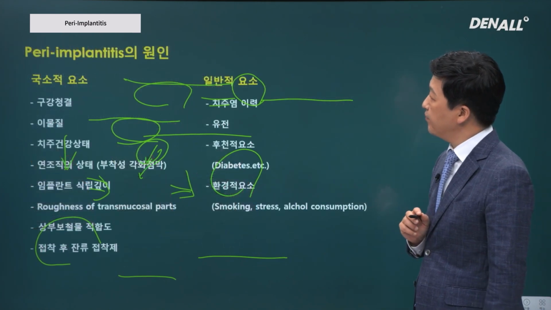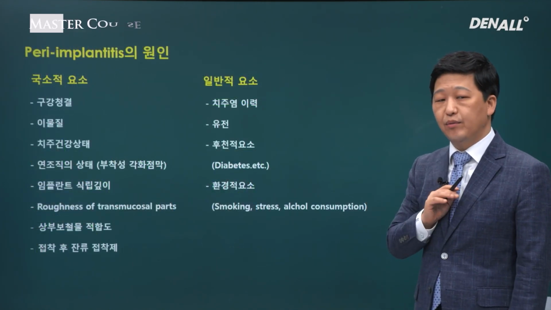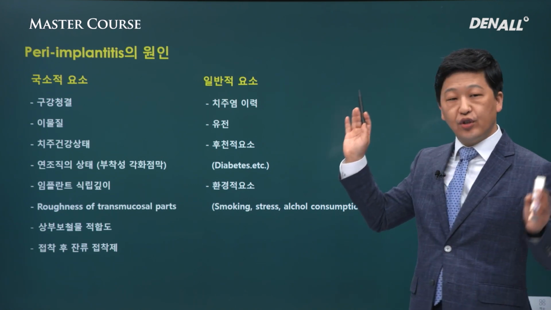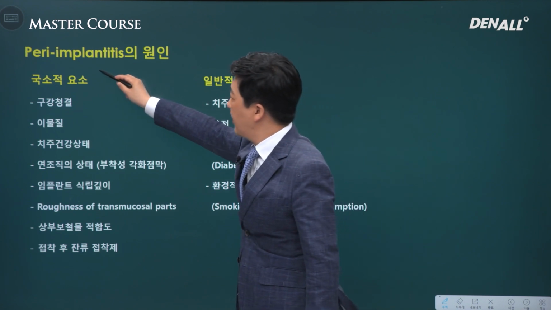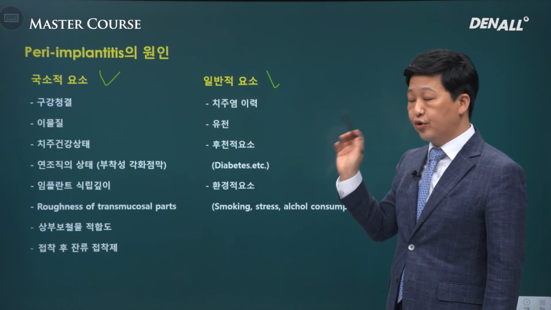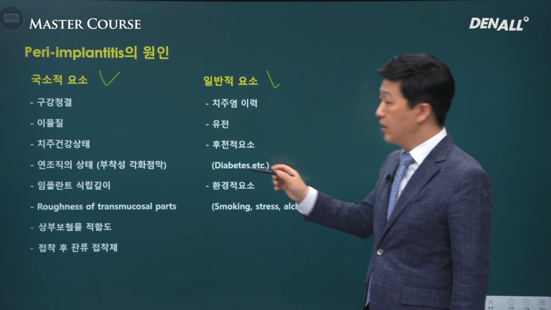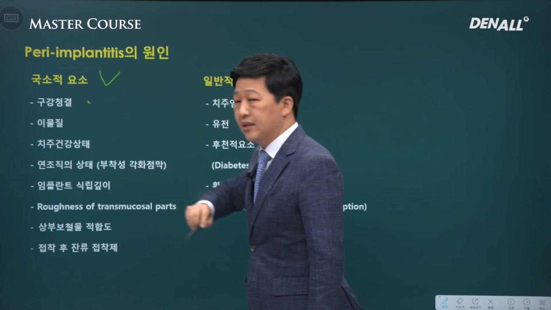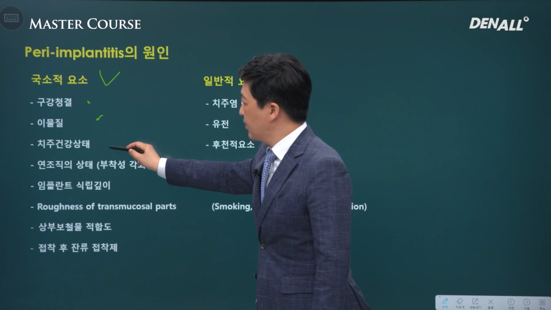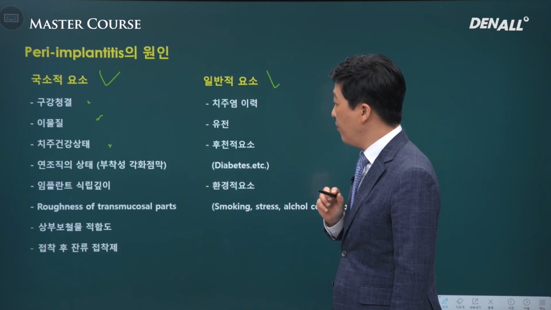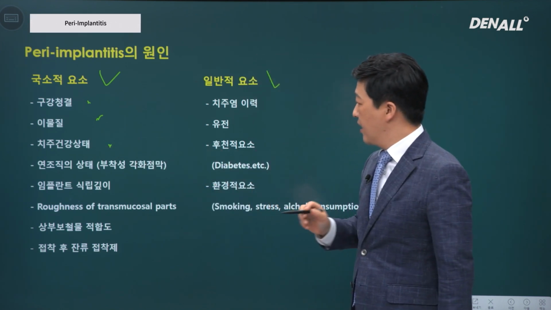What is the cause of peri-implantitis? There's a localized factor and general factor. What is localized factor? Lack of oral hygiene. Continuous food impaction can lead to it, and the periodontal condition is not good. Soft tissue condition is not good.